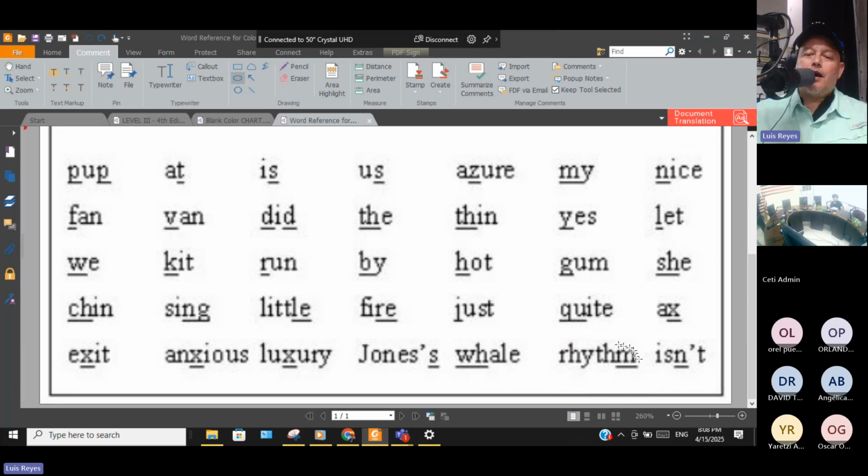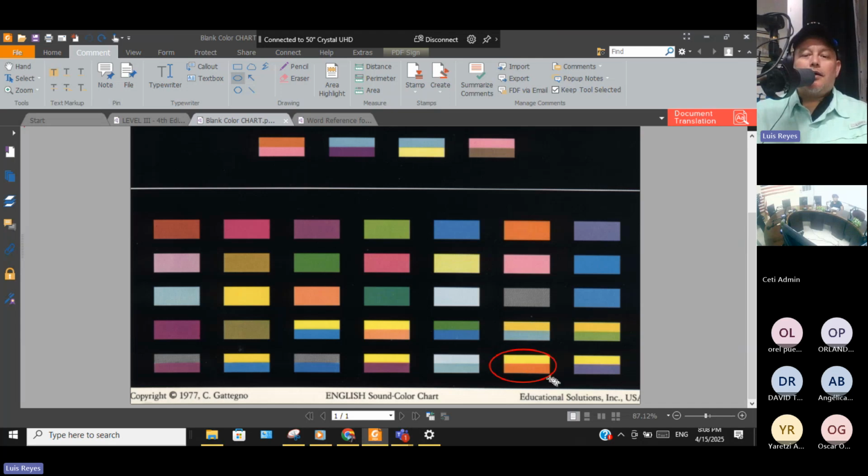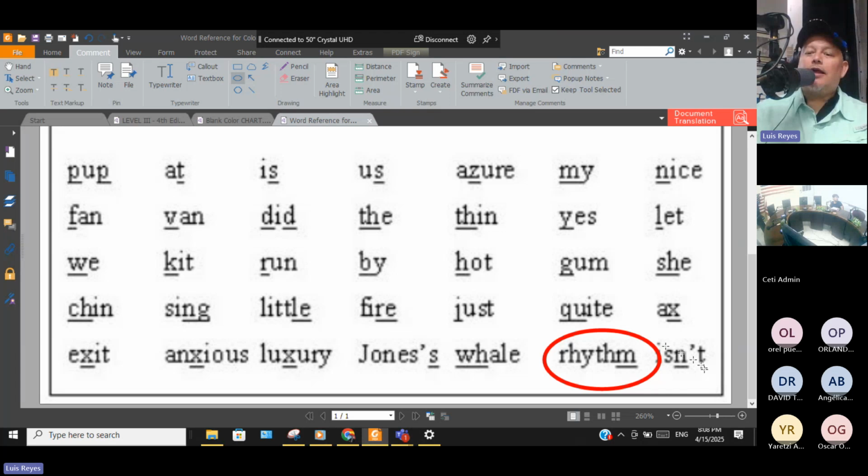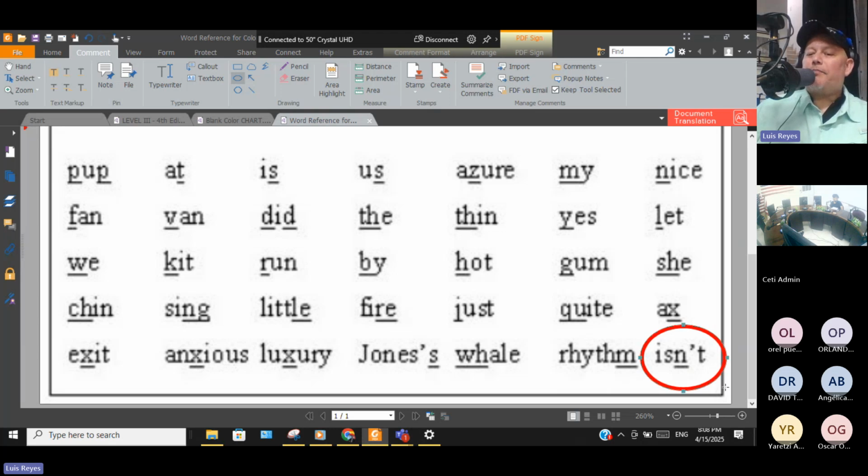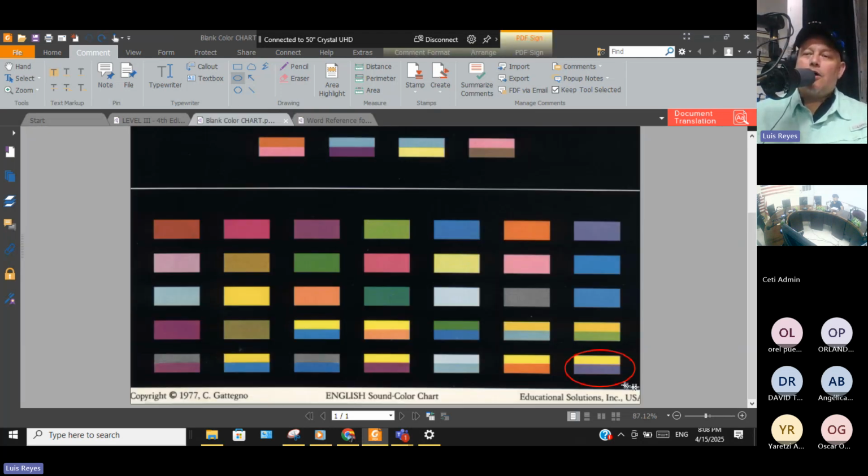Rhythm, R-H-Y-T-H-M, on the color chart. And finally, isn't, I-S-N apostrophe T, on the color chart. These, ladies and gentlemen, are the 35 consonant sounds in English.